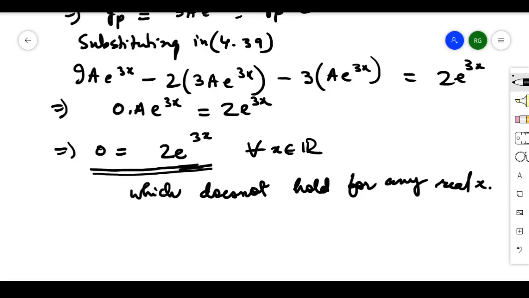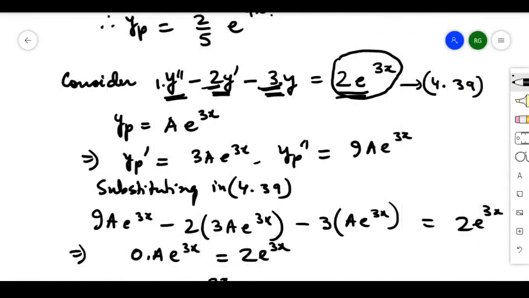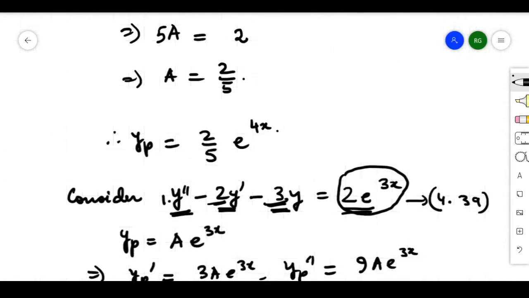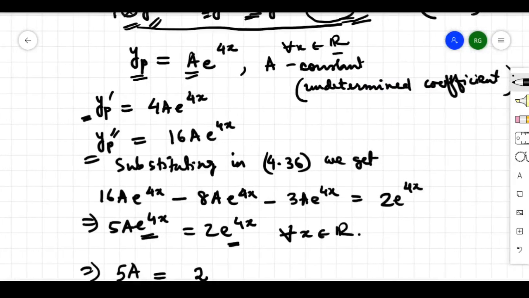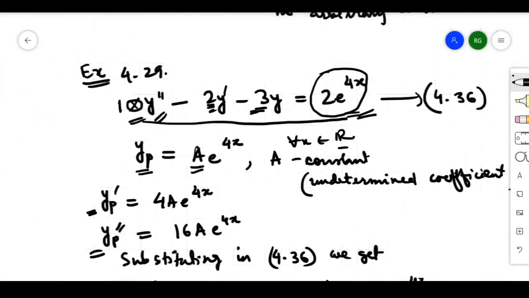We shall find out the reason behind it. Now, if I consider equation 4.36 and equation 4.39, let me show once what is equation 4.36. This one, 4.36. It is y double prime minus 2y prime minus 3y is equal to 2 e to the power 4x.